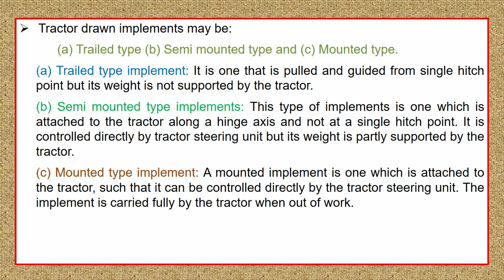The tractor trolley is pulled by a tractor by a single hitch point, and it is guided by the tractor, but it is not supported by the tractor. So the trolley carries its own weight on its axles. Part of its weight will be transferred to the tractor, but in most cases it carries its own weight. Such kind of attaching implements to tractors are called trailer type implements.